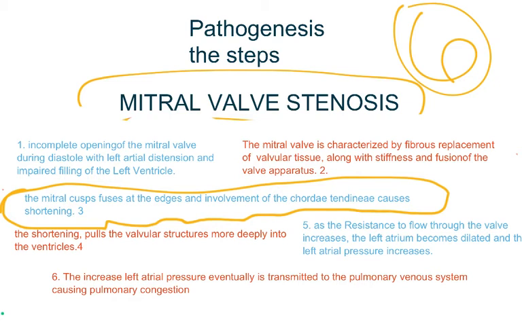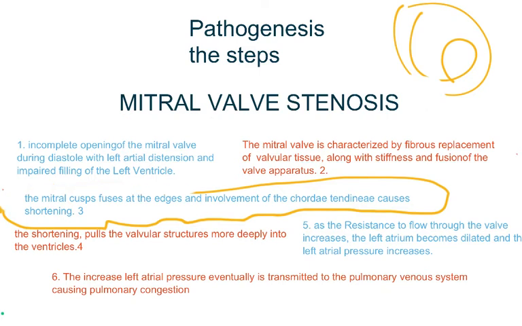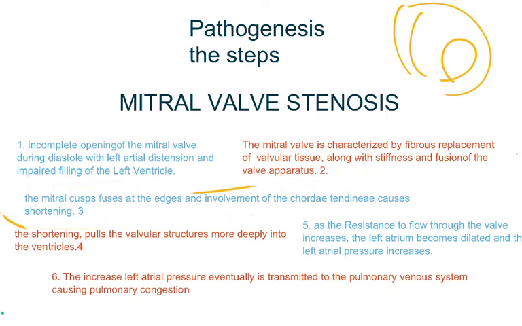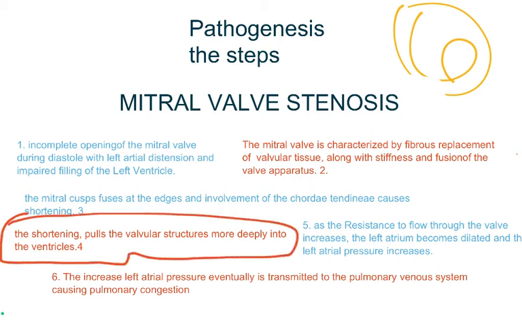So the heart is not able to contract properly, and that's a big issue. So that's the third component. The fourth component is this shortening pulls the valvular structure more deeply into the ventricles.